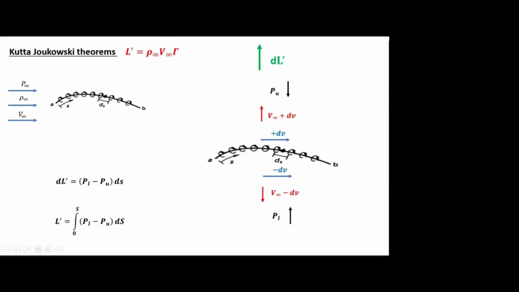The next one is the Kutta-Joukowski theorem, where we are relating lift with circulation. This is a 12 mark or 8 mark question. For example, I have taken flow over the aerofoil. I already told you in Aerodynamics 1, we are not taking a thick aerofoil.